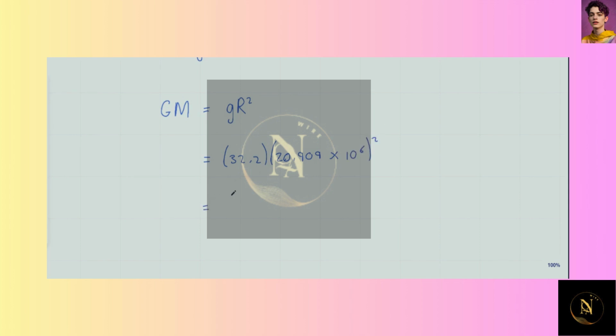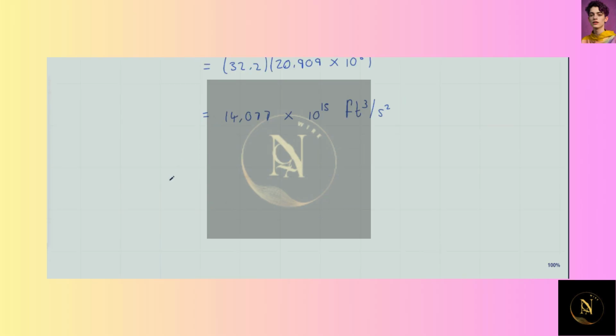And GM is 14.077 times 10 to the 15, and that's cubic feet per square second. We also know that the period of the satellite's orbit, tau, is 120 minutes. 120 minutes is equivalent to 7,200 seconds.